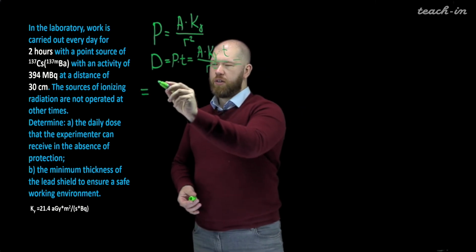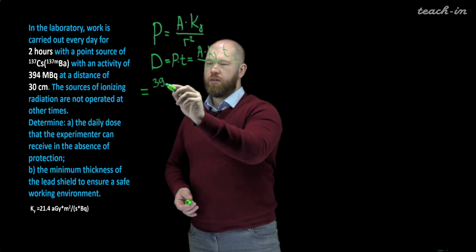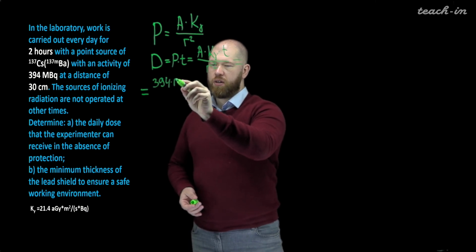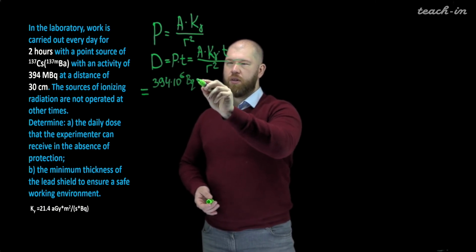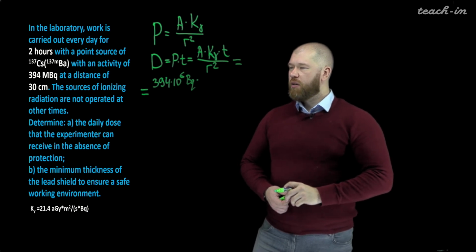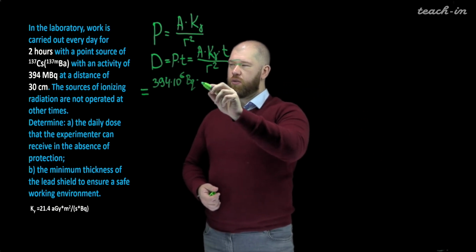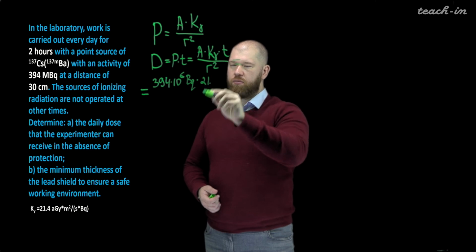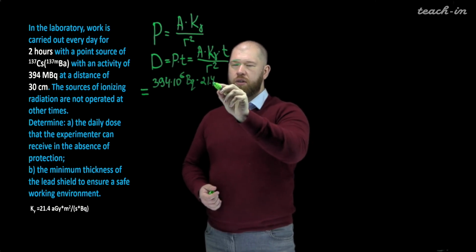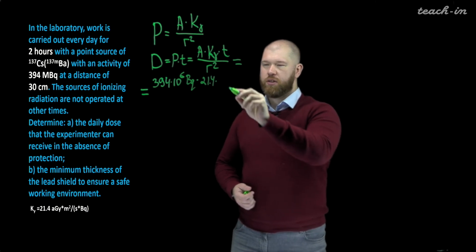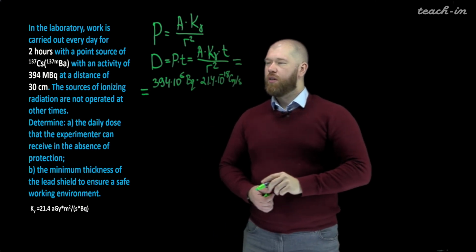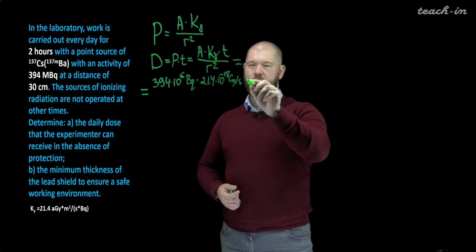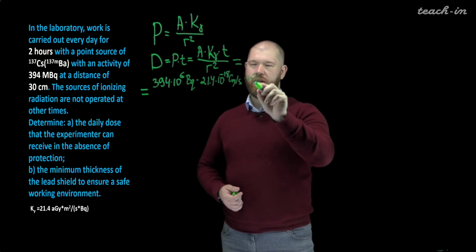So we know the activity. It is 394 megabecquerel, so it is 10 to the 6 becquerel. We know the Kerma constant for this source. You can find it in databases. It is in attogray, so 10 to the minus 18 gray per second, also multiplied by square meters and divided by becquerel.